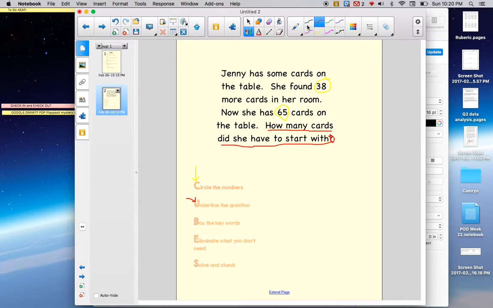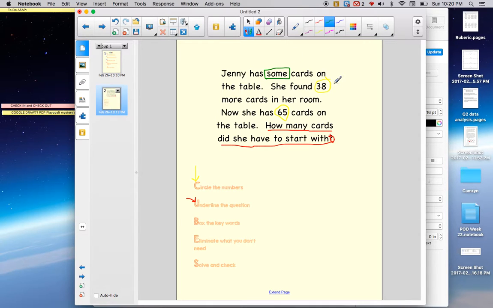So that means to start with. That means how much did she have at the beginning? All right, so my box is going to be at the beginning. Box the keywords. Let's see. Keywords. I see one. Some is a keyword, SOME.